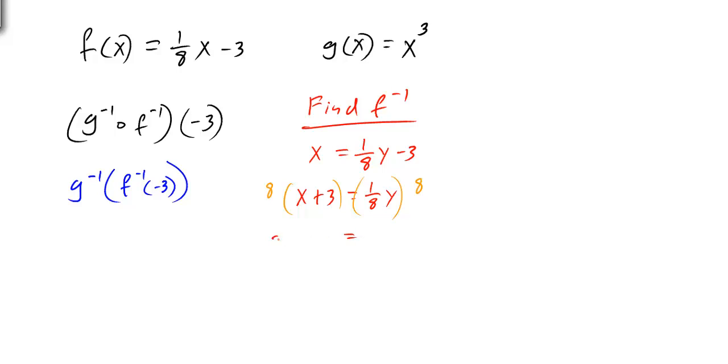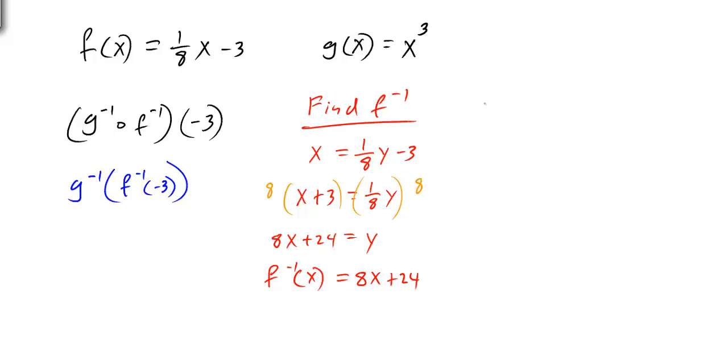So then we're left with 8x plus 8 times 3 is 24. And the 8 and the 1/8 are going to cancel, so we're left with y. So here we have the inverse function is 8x plus 24.